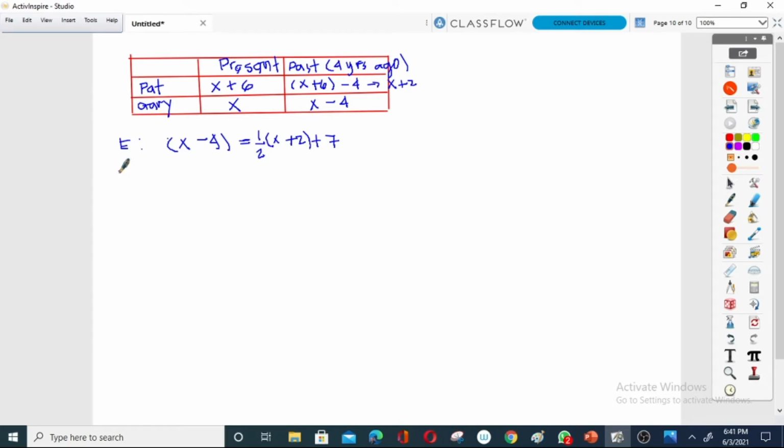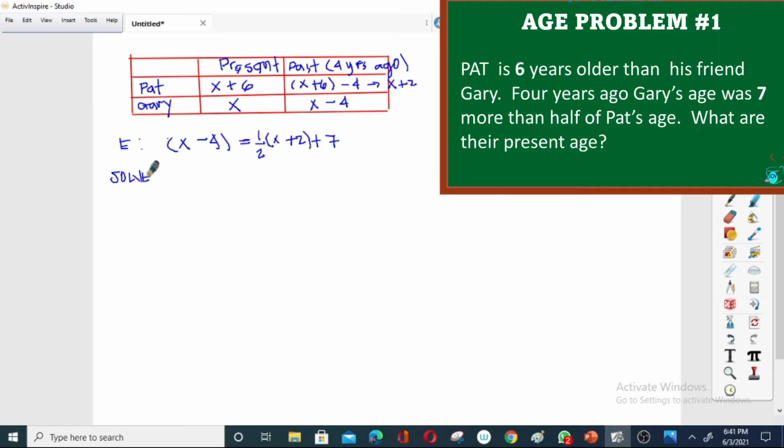So now we can solve the equation. This is x minus 4 is equal to one-half of x plus 2, plus 7.